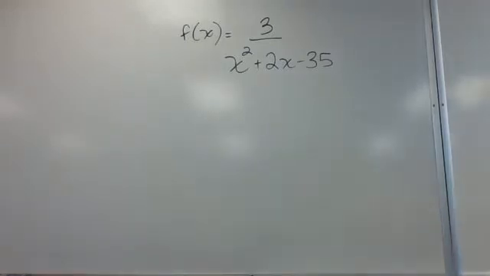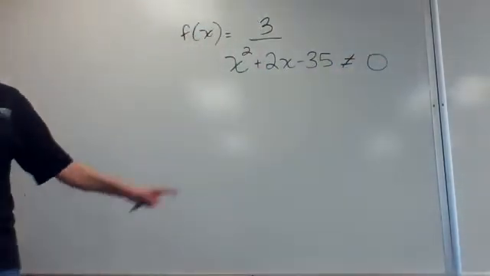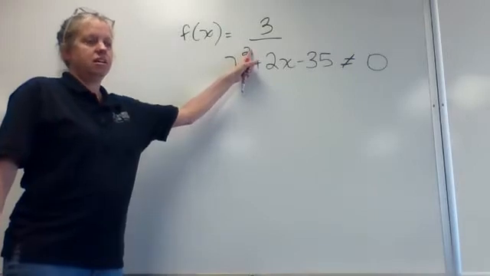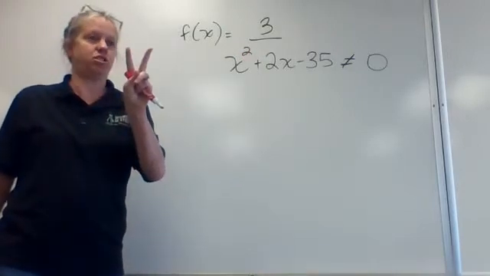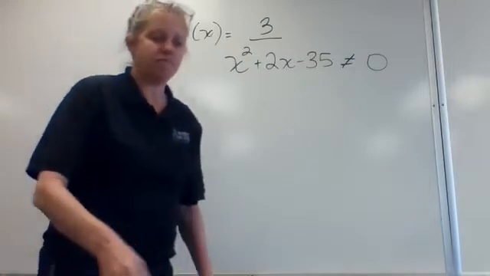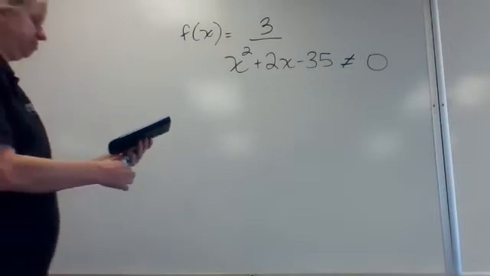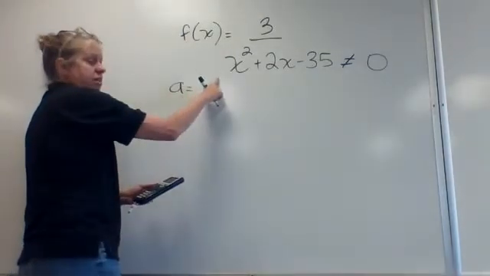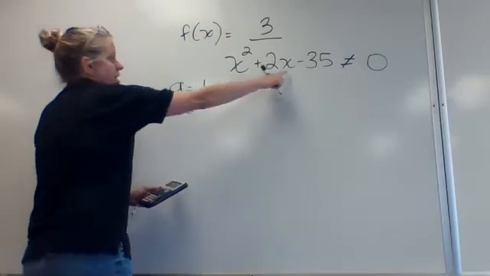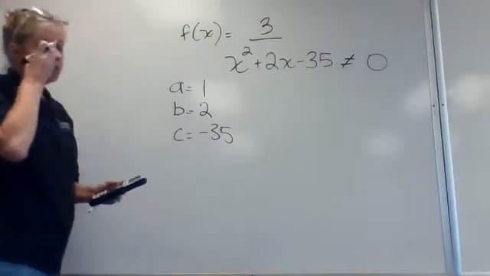So this denominator also can't equal 0. Since it's x squared, I can go to quad and find the 2, because this one's going to have 2 solutions, right? Because it's x squared. If you go to quad and type in your A, B, and C, what's your A going to be? 1. B will be 2, and C will be negative 35.